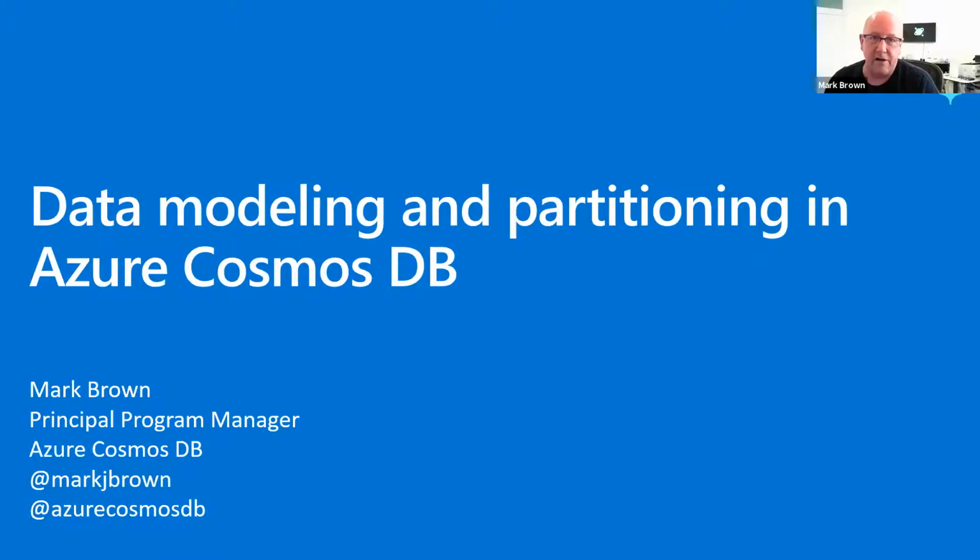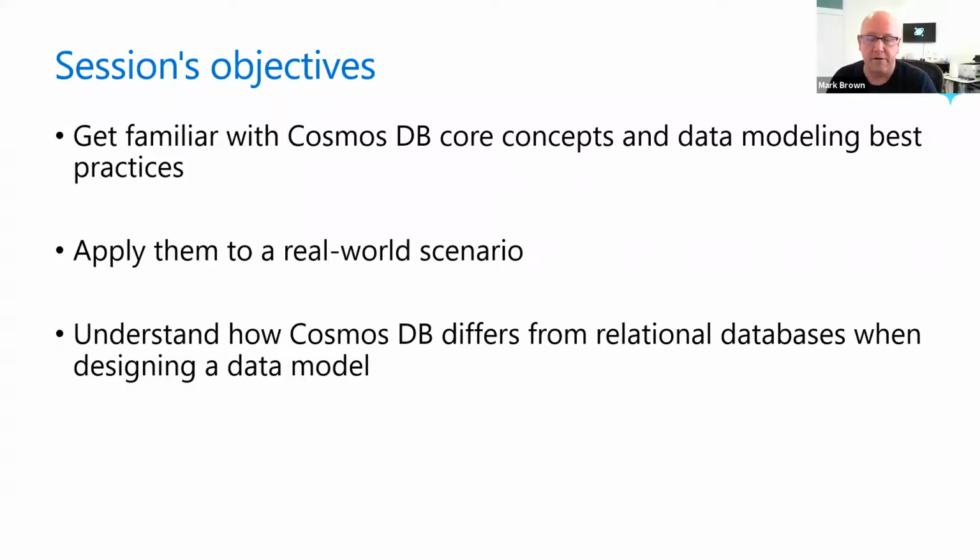So we developed this talk to help people understand the concepts necessary for data modeling and the best practices surrounding that. What we're going to do is apply this to a real world scenario, or at least it's contrived, but it's real enough. We're going to take the AdventureWorks database, or at least a subset of that, and migrate it from a relational database, as it is, to a NoSQL database, to a database that can scale.